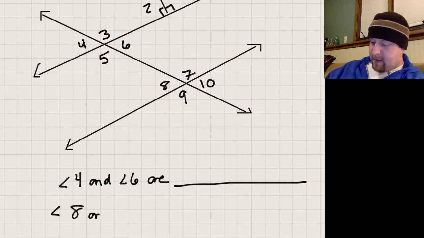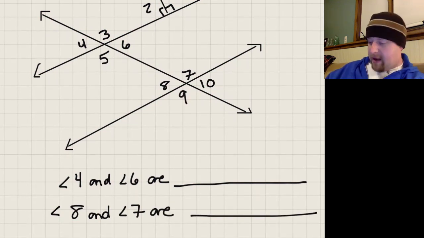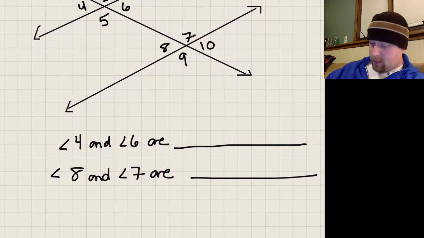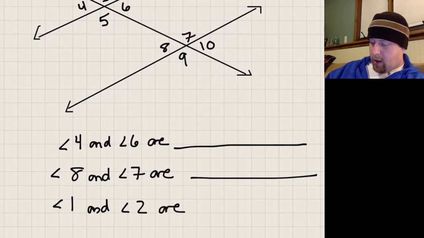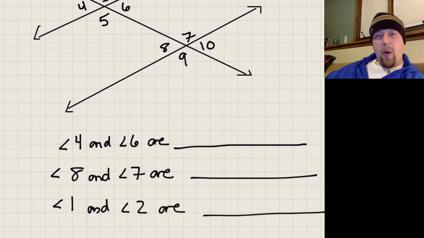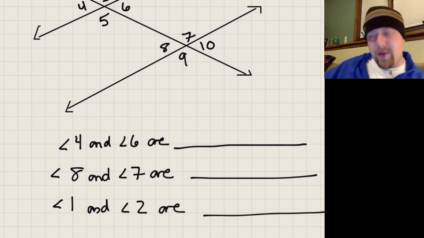Angle 8 and angle 7 are what types of angles? Angle 1 and angle 2 are what types of angles? Okay, so let's start with those.